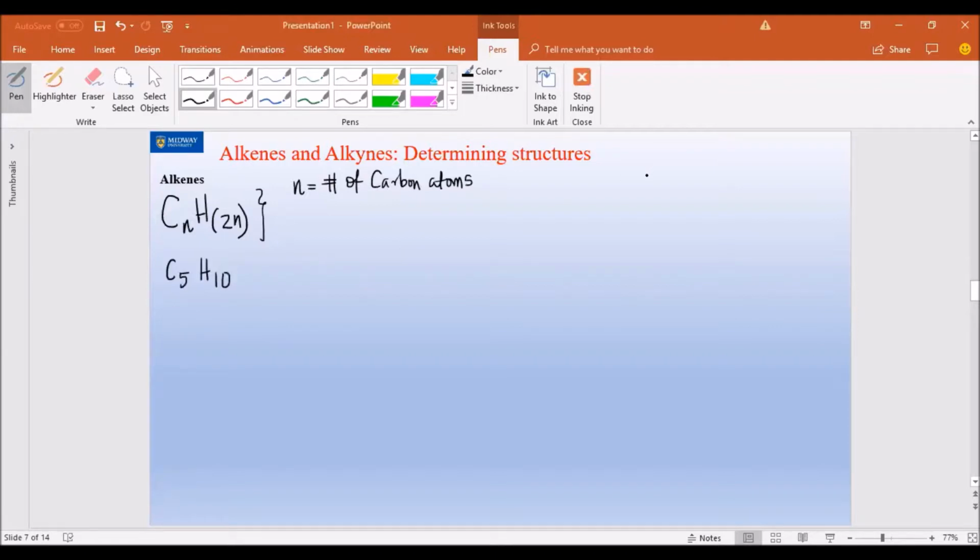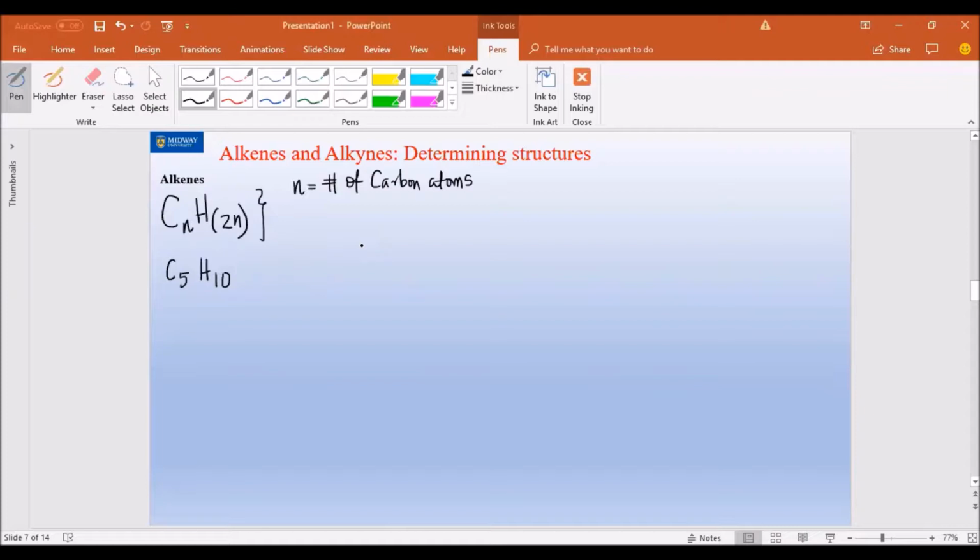One way I could ask these questions by the end of this section on alkanes, alkenes, and alkynes is I could give you a formula and then ask you if it's an alkane, alkene, or alkyne. So all you've got to do is put the number of carbons into the formula. If you get back this using this, then it's an alkene. If you put the number of carbons, but you don't get this, but you get something else that corresponds to the formula of an alkane, then it's an alkane, and so on.